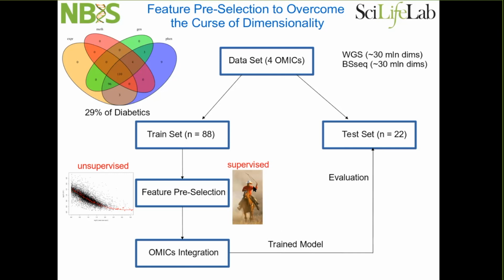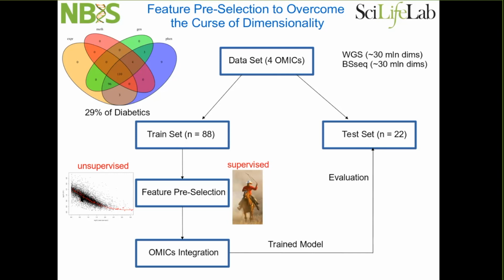Otherwise, if you want to be open-minded and don't want to use this phenotype of interest, and don't want to narrow down your set of genes to the set that is already related to diabetes, you can use unsupervised feature selection.